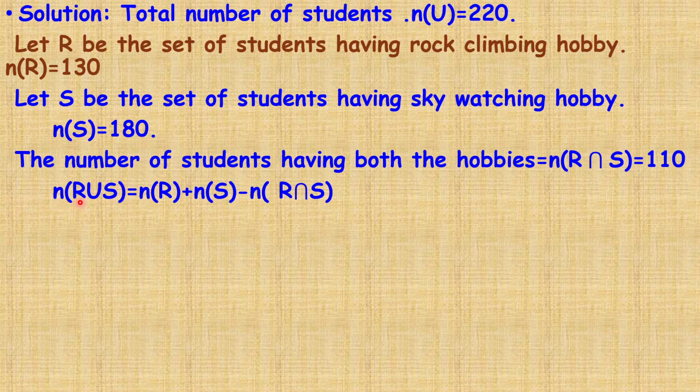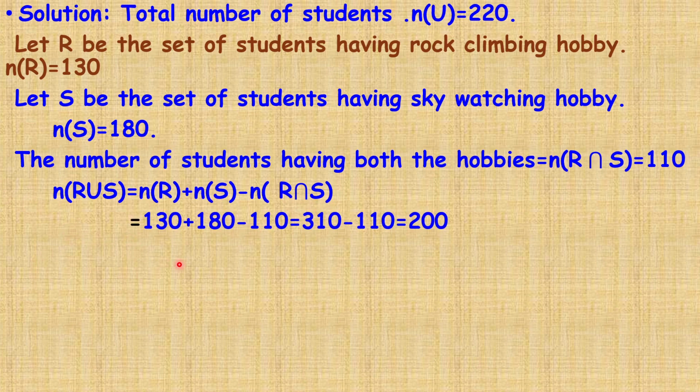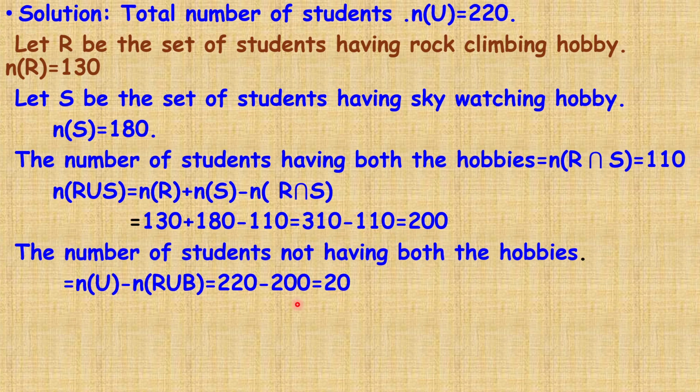We know the formula: the number of elements in R union S is equal to the number of elements in R plus the number of elements in S minus the number of elements in R intersection S. Substituting the values, 130 plus 180 minus 110 is equal to 310 minus 110, which is equal to 200.